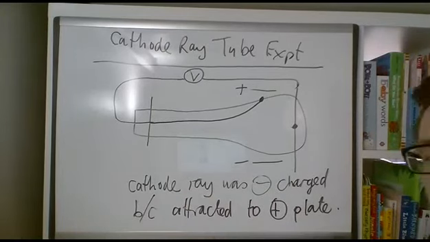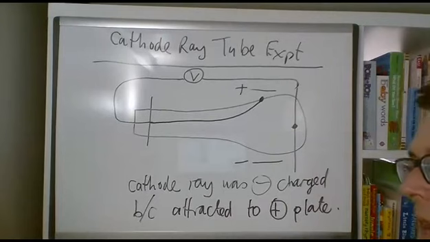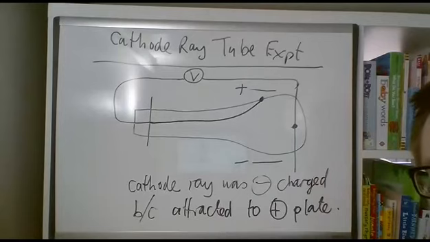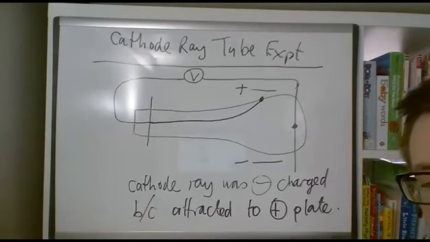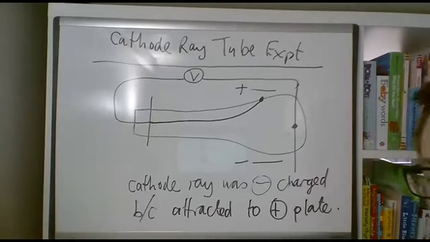He changed the material that he constructed the cathode out of, and it didn't matter what material he chose, he always saw this cathode ray. So he made an assumption that regardless of what the cathode was made of, it contained cathode rays.